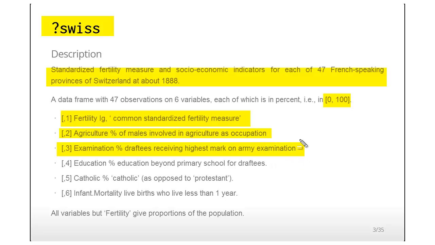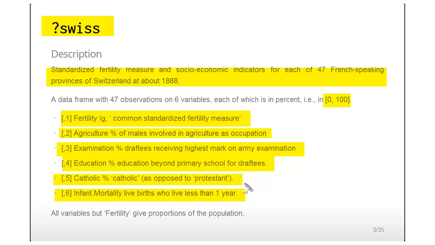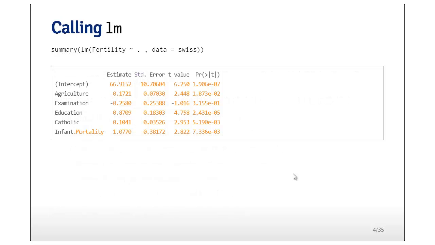We also include the ones who receive the highest mark on any Army examination, education beyond primary school, the percent Catholic as opposed to Protestant, and then infant mortality. It says all but fertility give proportions. So you can do help(swiss) to learn more about that data set, though it mostly just contains that file, but it also gives you some references, I believe.